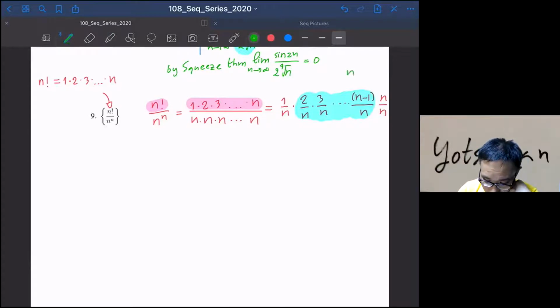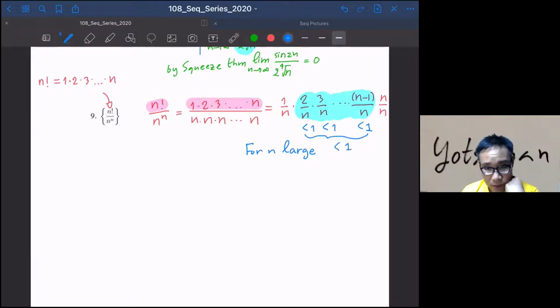So for n large, each of these terms will become smaller than 1, so the whole product will turn out to be smaller than 1.